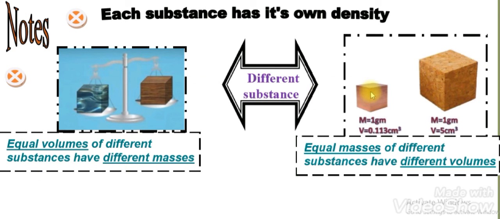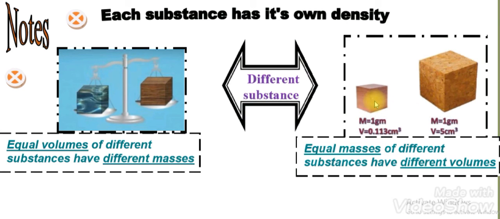On the other hand, if we have 2 cubes of 2 different materials with equal masses, for example this cube's mass is 1 gram and this cube is also 1 gram, then in the case of different substances it's impossible for them to have equal volumes.